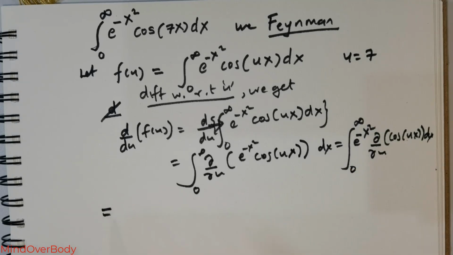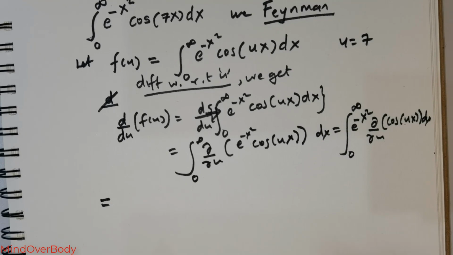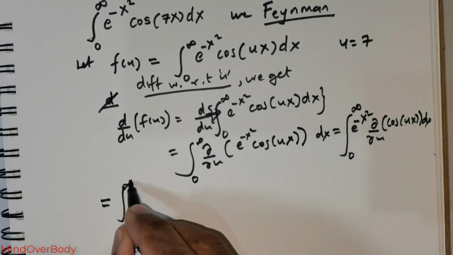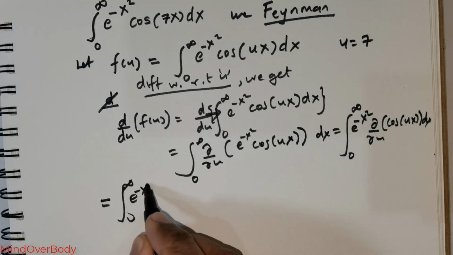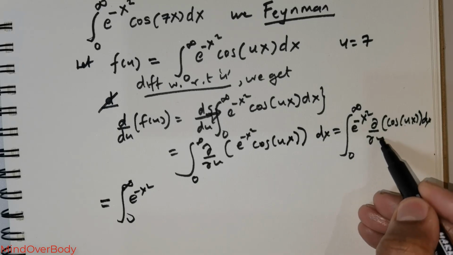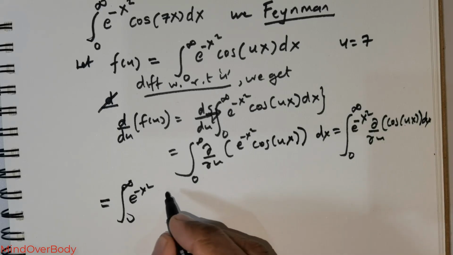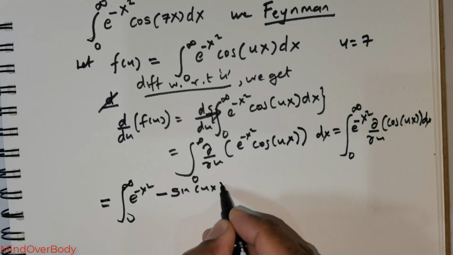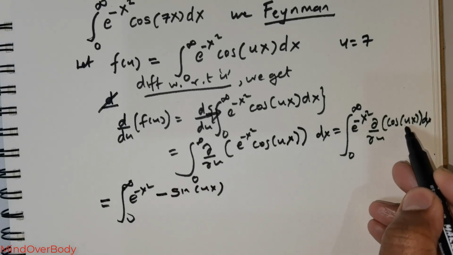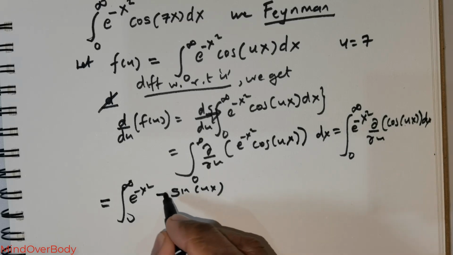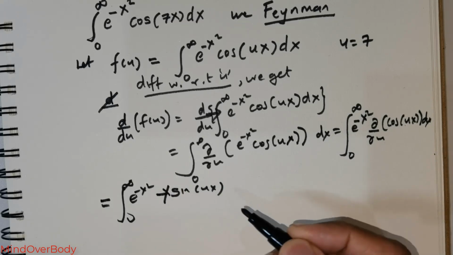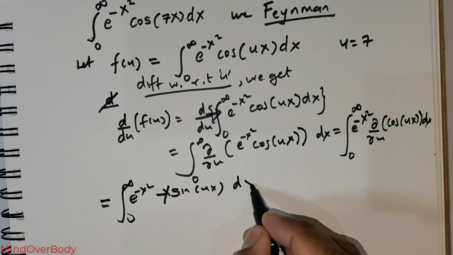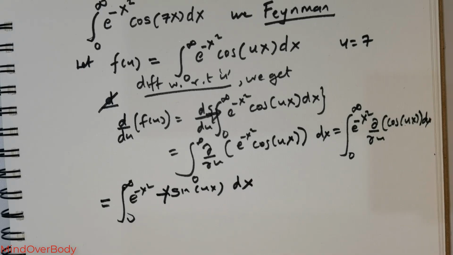So this is equal to integral 0 to infinity e raised to the power of negative x squared. We have to differentiate this with respect to u. So the derivative of cos is going to be negative sine of ux. Now the coefficient of u is x, so we need to place that x here, times dx. So this is what we've got.